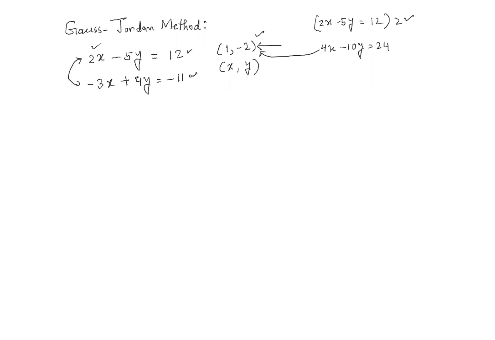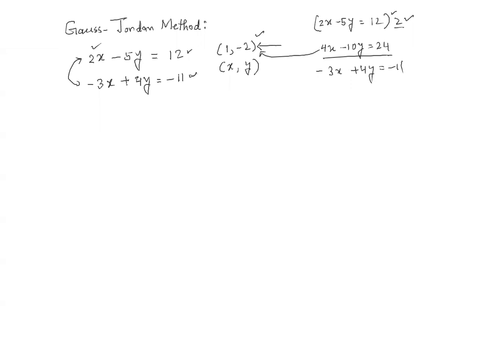And then there is yet another rule, which is slightly tricky to see. Let's say I take the first equation, which is this one, multiply it by 2, and take that result and add it to the second equation, -3x plus 4y is equal to -11.